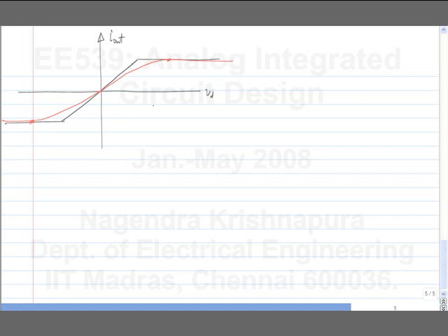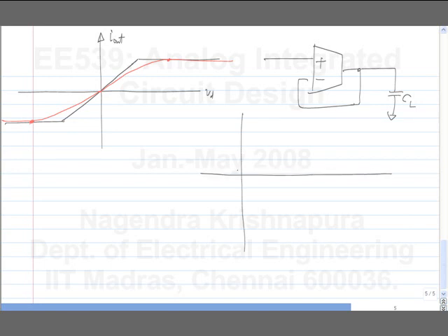If I assume the black line to represent the characteristics of the differential pair, what happens when it slews? I still use the voltage follower with a capacitive load. In response to a step, I will assume that the step is large, perhaps this much.